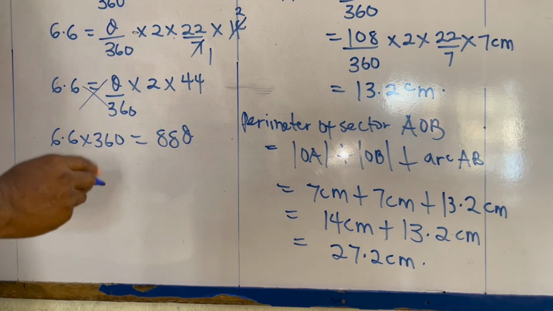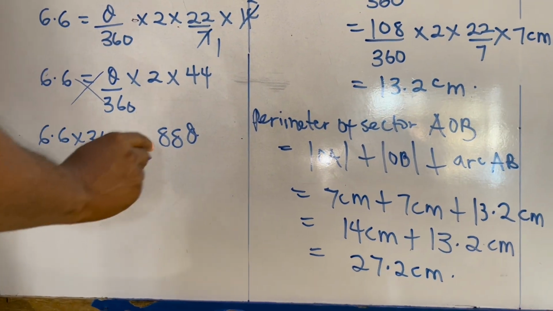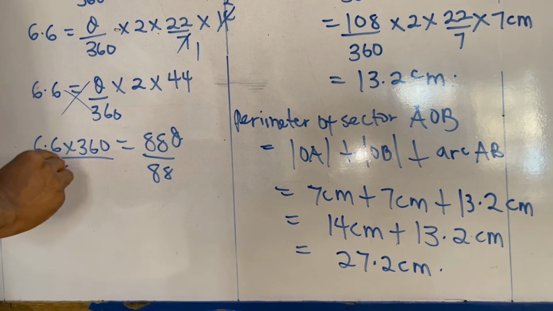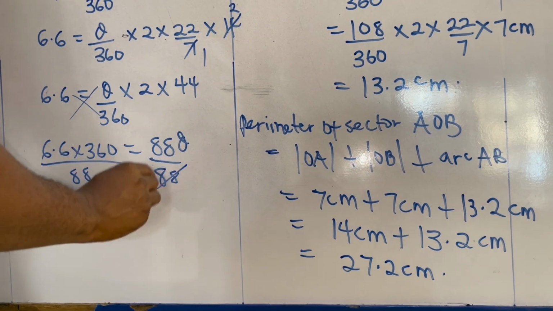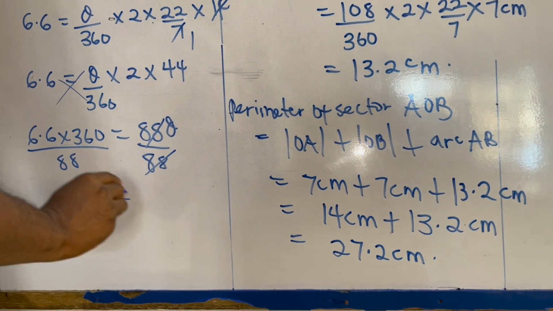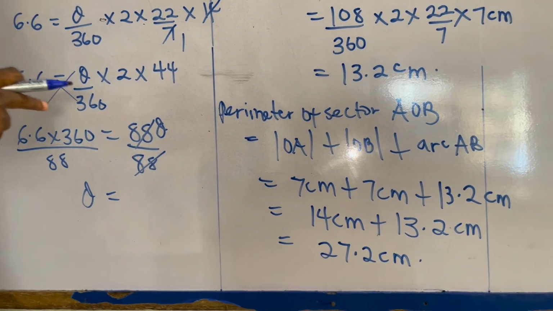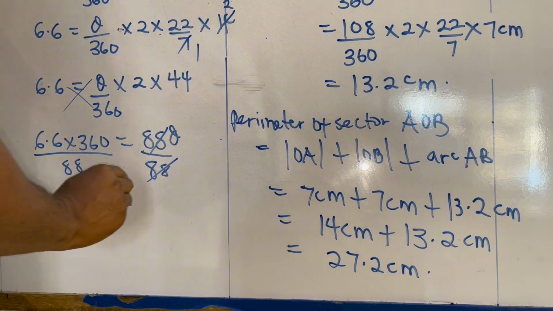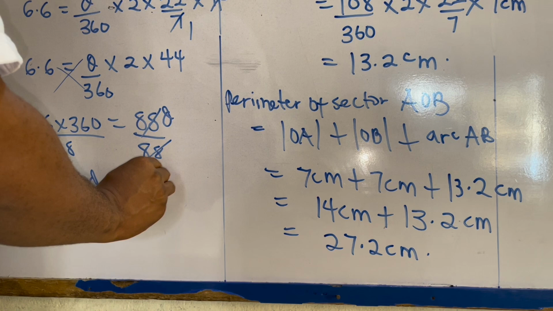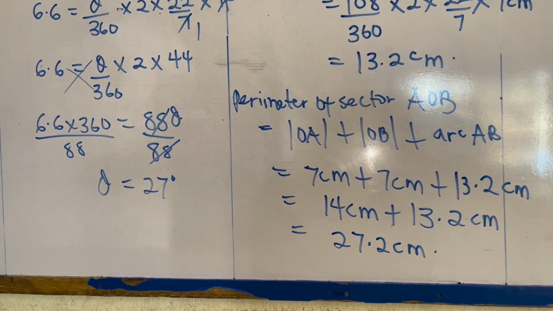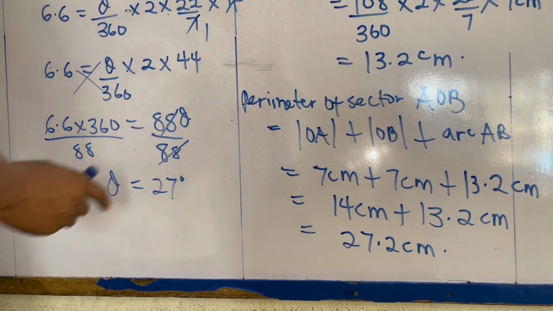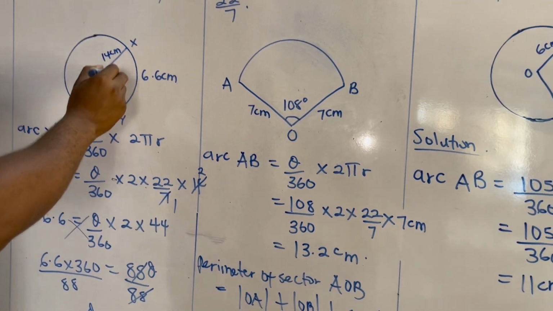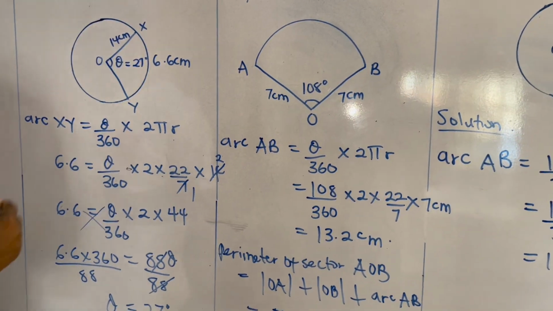So I'm going to divide both sides by 88 to find theta. This cancels this, so theta is equal to 6.6 times 360 divided by 88, which gives me 27 degrees. So the arc subtends an angle of 27 degrees at the center.